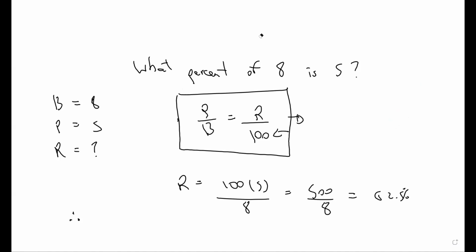Typically if someone just plugs it in without bothering to write out the actual proportion, they just write weird stuff like R over 8 equals 100 over 5. And it's like, what's going on? The R isn't even with the 100, the 5 isn't with the 8, everything's on the wrong side. So you can't just toss everything in and hope that it all comes together. So write this part down first and then just plug everything in appropriately.